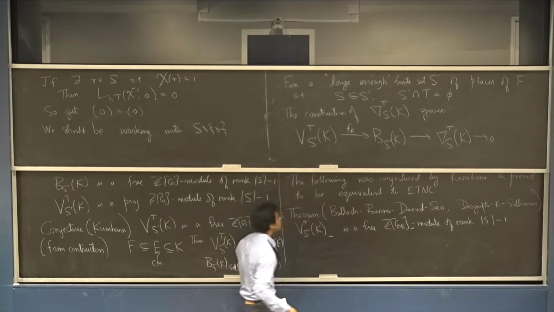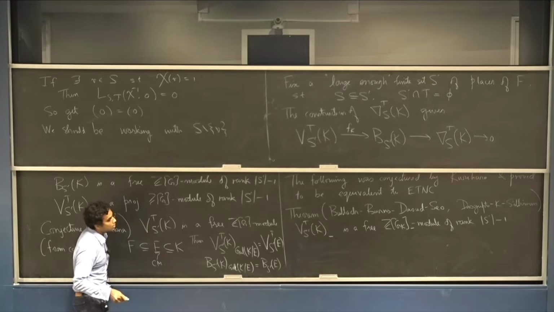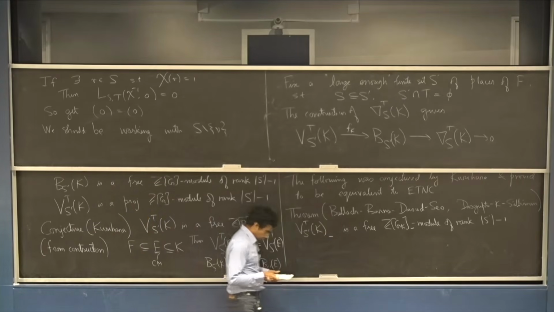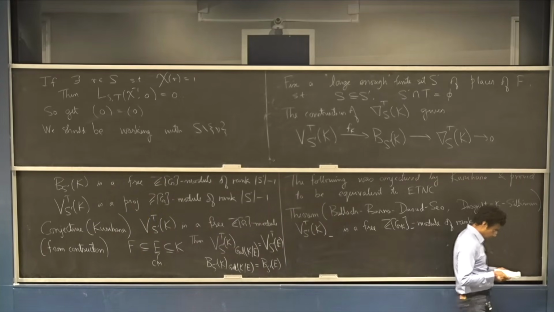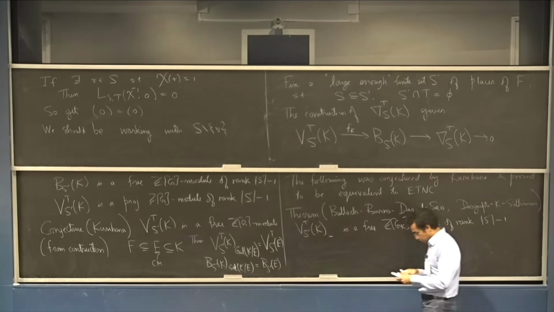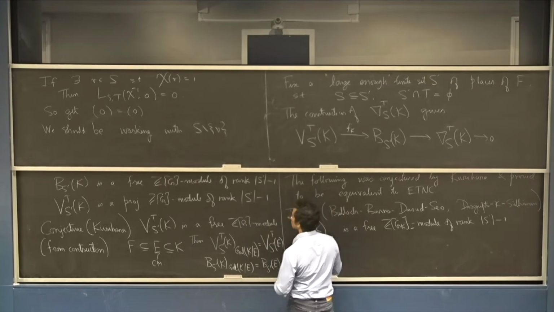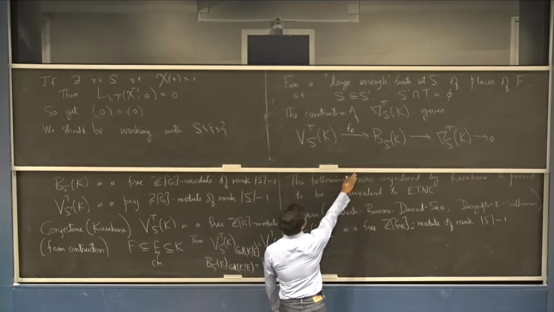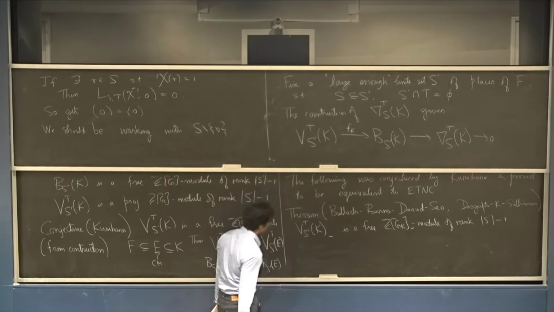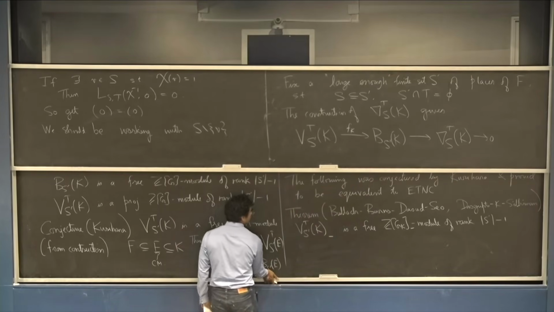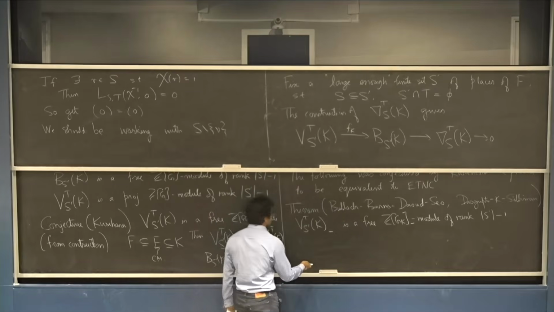So we can only prove the conjecture of Kurihara on the minus part. And then the thing about B that's known is that it is a free module. So there's nothing to prove there.